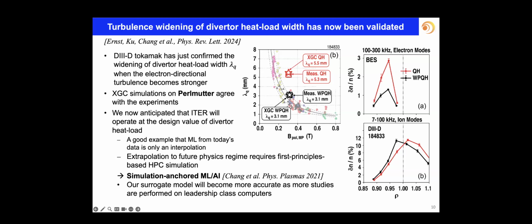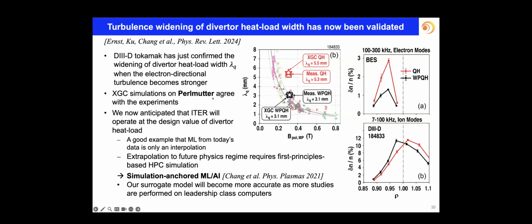Then they actually measured the turbulence. They saw that the ion turbulence level was not increasing, but the electron turbulence level was increasing a lot. It jumped. And this was predicted by XGC, and they confirmed it.